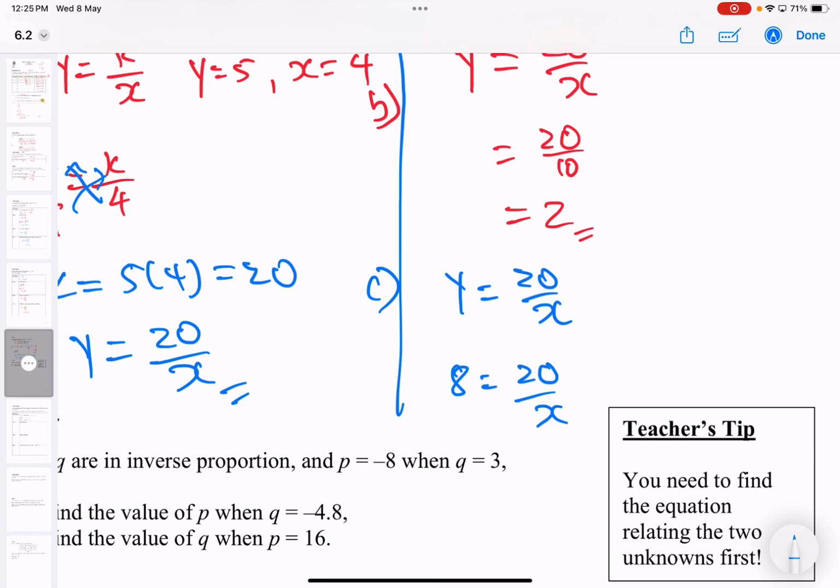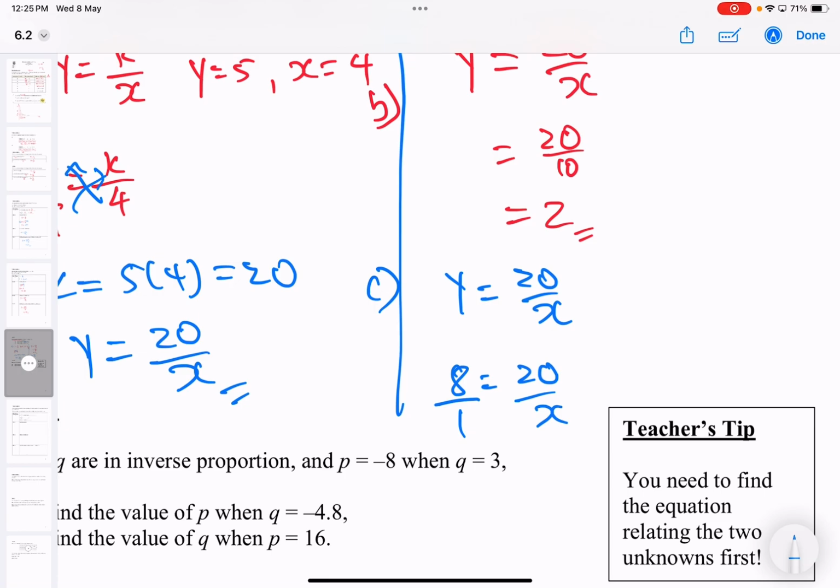Then in this case, how to find the value of x? I tell you again, two methods. Either you multiply both sides by x or you cross multiply. The method still works. This one I show you guys, so please pay attention if you don't know.